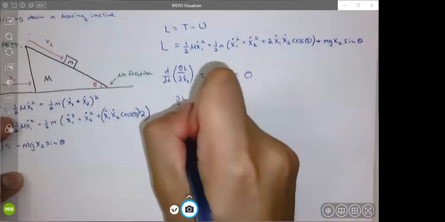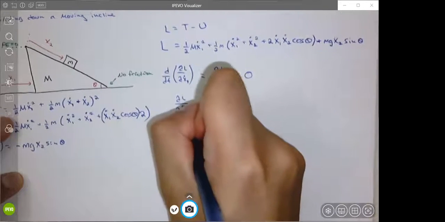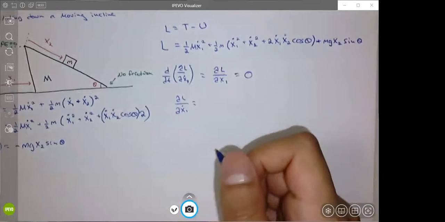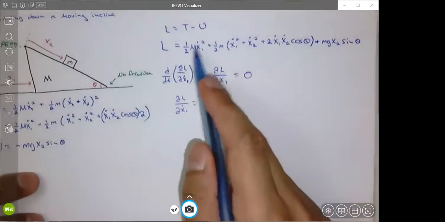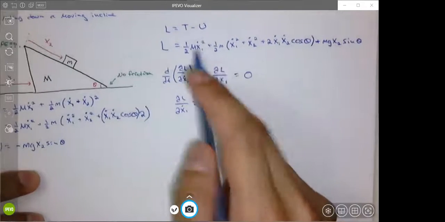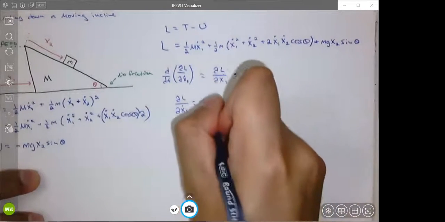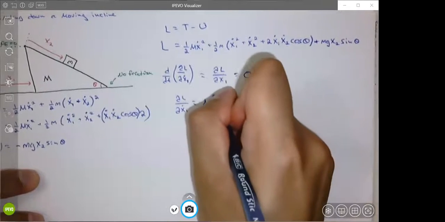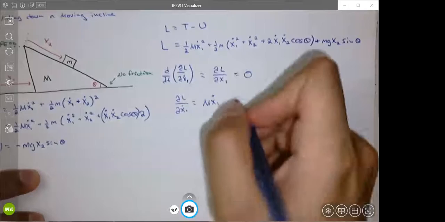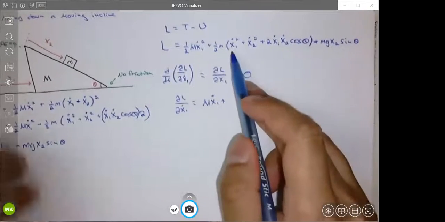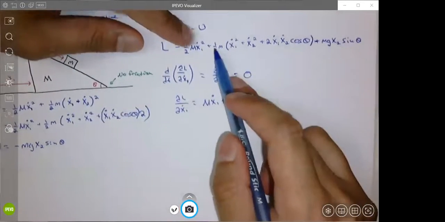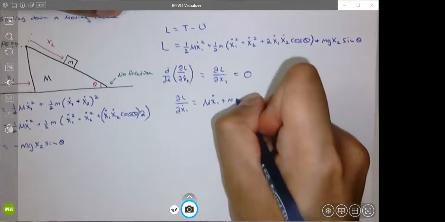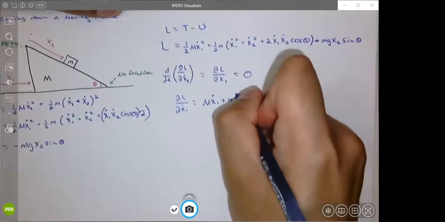Okay, good. How about this part right here? The partial of the Lagrangian with respect to x1 dot first, and then we'll take the time derivative after that. There's an x1 dot here, so we bring the 2 to the front. It's going to become capital M x1 dot, plus there's an x1 dot here, so we bring the 2 to the front and it becomes little m x1 dot.